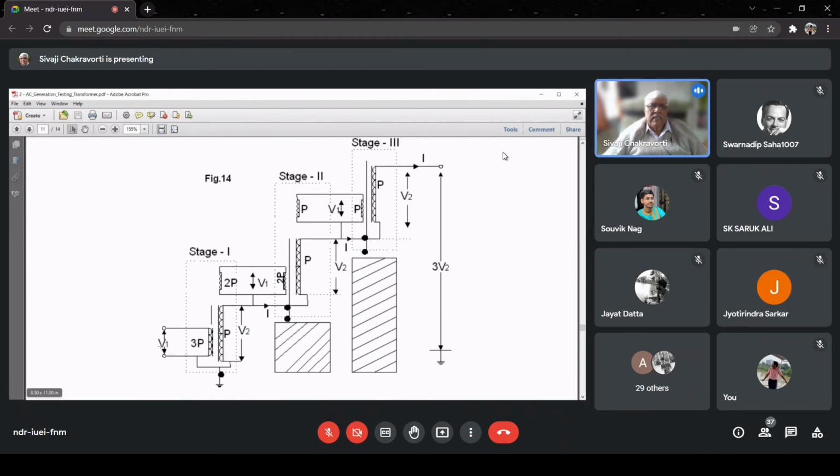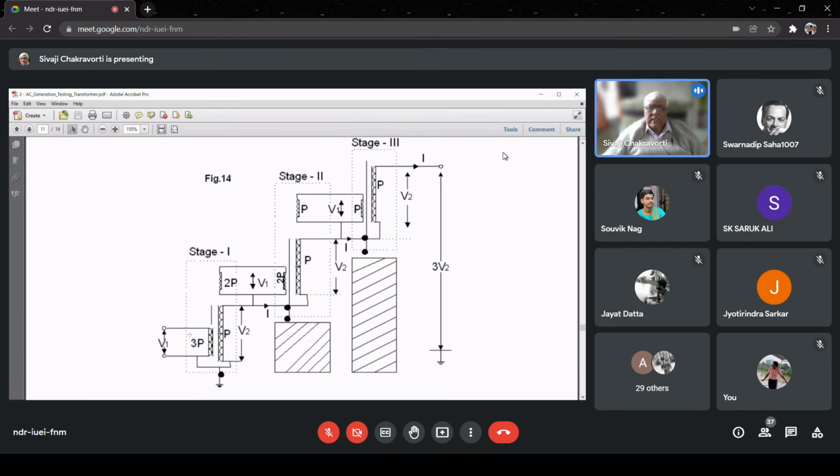Instead, we take three 250 kV transformers. That is transformer stage 1, this is the second one, transformer stage 2, and this is the third one, transformer stage 3. They are all identical in some respect. So basically each transformer is providing an insulation of 250 kV and they are also of much smaller size.